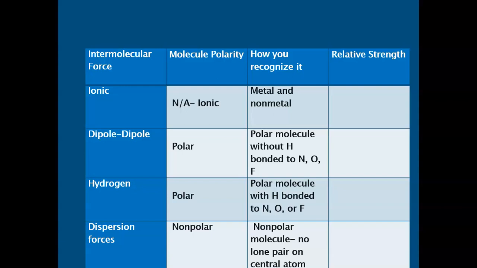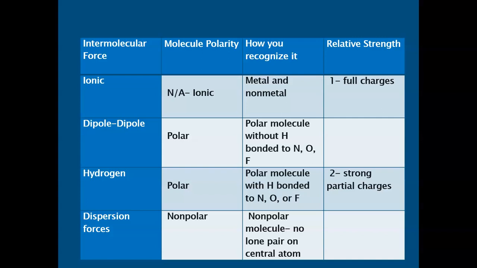Now, when we compare the strength, it's really helpful to think about charge. So ionic compounds are really, really strong because they're held together by these full opposite charges. Like if you have sodium chloride, sodium is +1, chlorine is -1, and that's a very strong attraction. Now, hydrogen bonding is the next strongest because remember, these polar molecules have partial charges on the atoms.